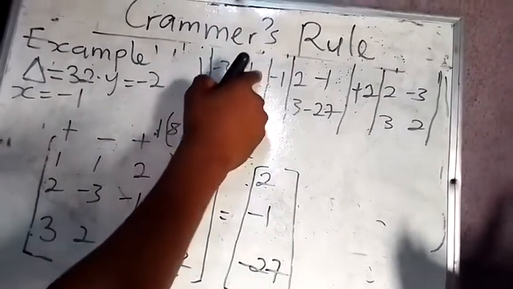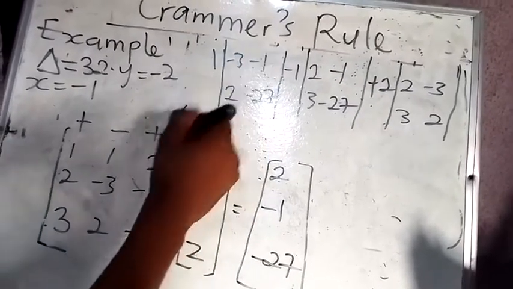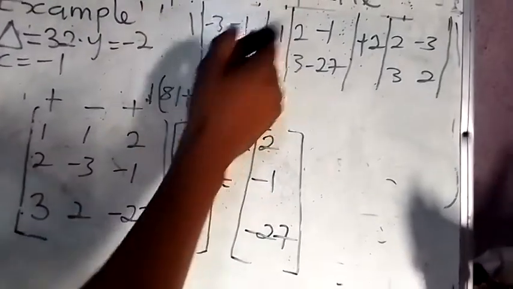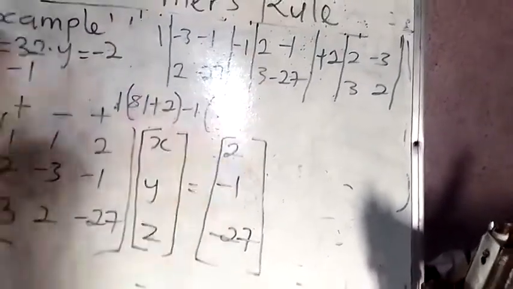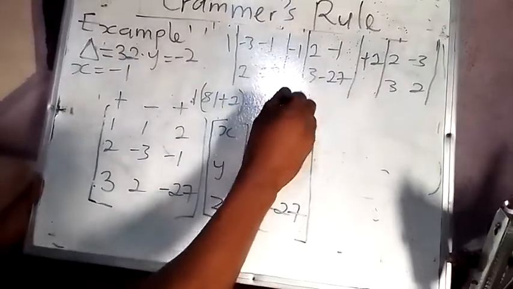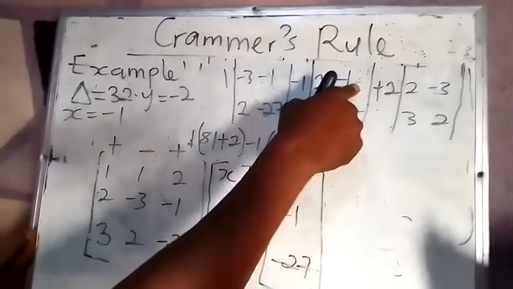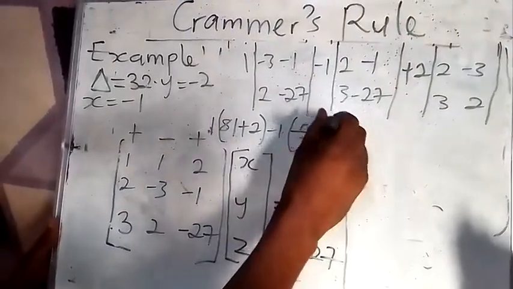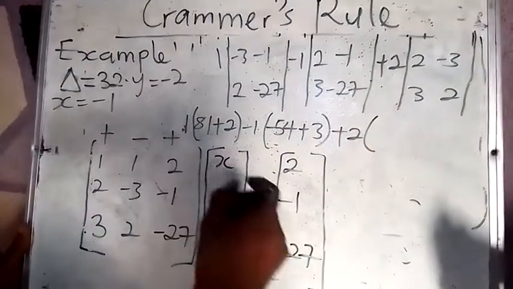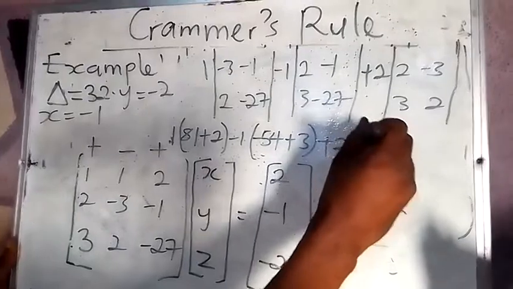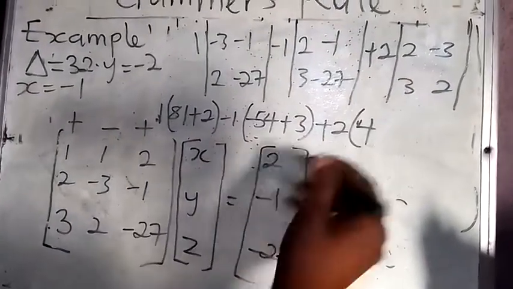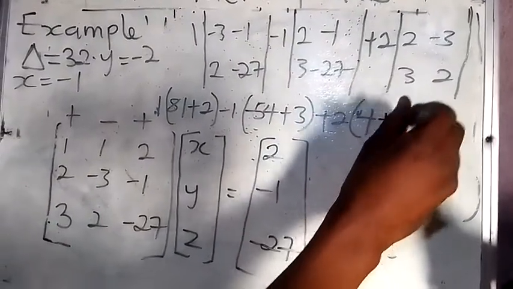2 times minus 1, that is minus 2. But because of the minus that is there, that is plus 2. So hold your minus 1. So 2 times minus 27, minus 54. 3 times minus 1, minus 3. Plus the minus that is there, that is plus 3. Plus 2, open bracket, 2 times 2, 4. 3 times minus 3, minus 9. But because of the minus that is there before, that's plus 9.